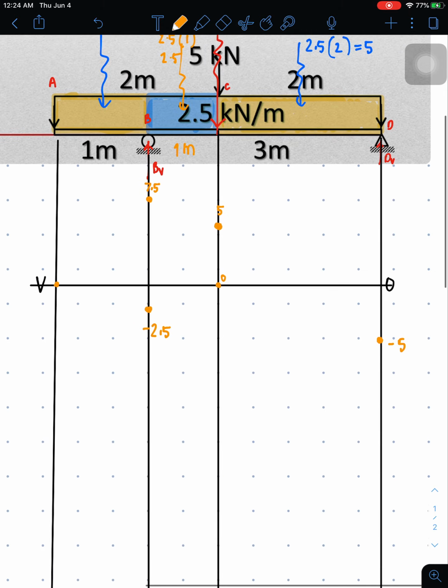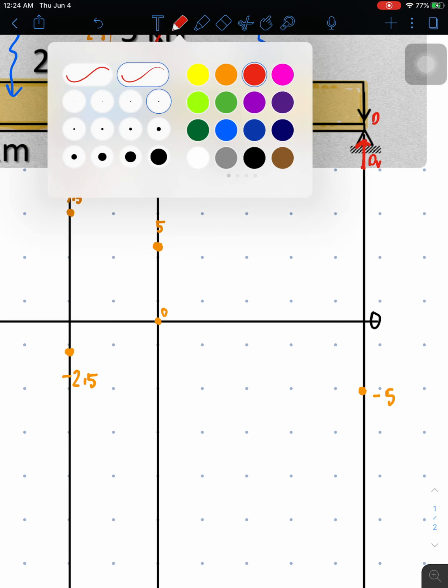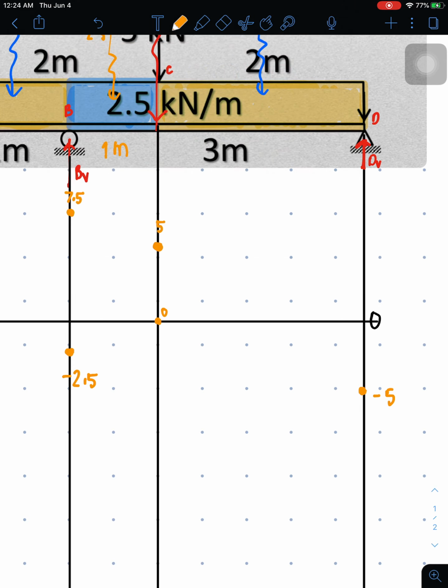And then the other term or value for point D is the subtraction of this negative 5 and dv. Remember that dv is 5 and the direction of the force here is upward. So therefore, negative 5 plus upward na 5, it becomes 0.